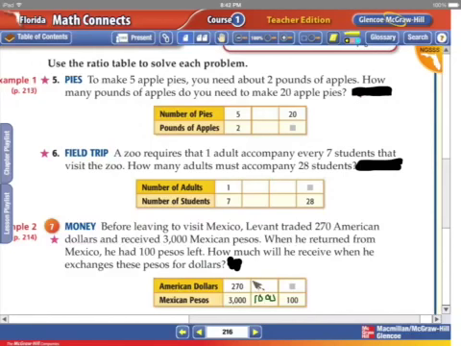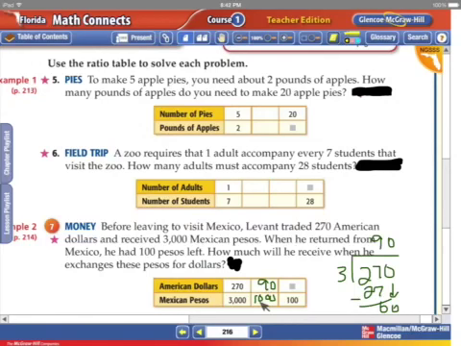So, I'm going to do the same thing up here. I'm going to take 270 and divide it by 3. Well, 3 goes into 27 9 times, left over 0, and I have the 0 there. So it's going to be 90. So if I had 1,000 pesos, that would be worth $90.